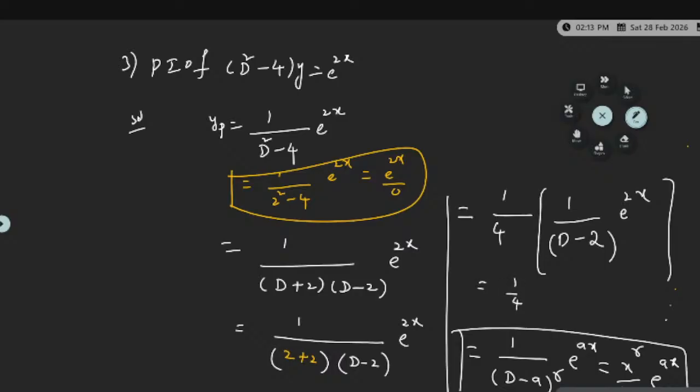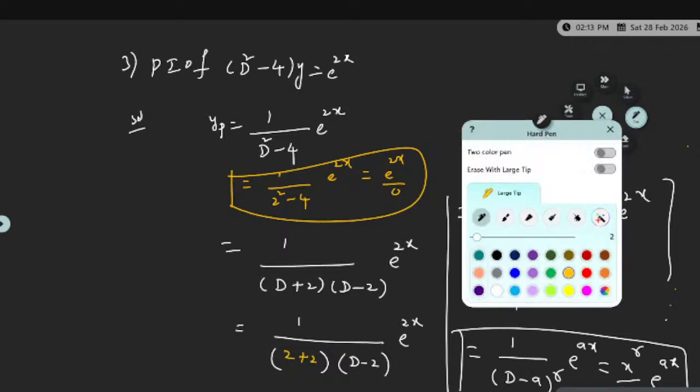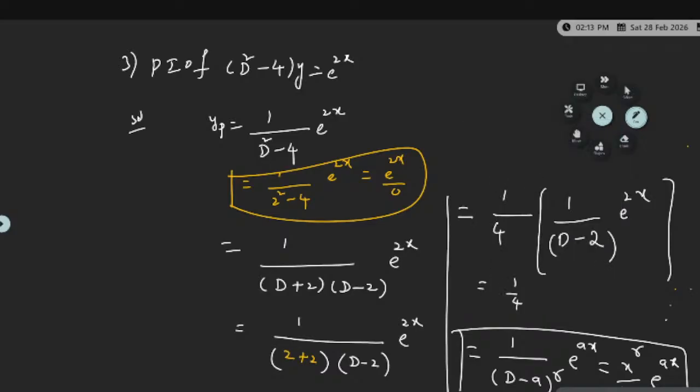Here I will tell you a simple shortcut. Look. What is the variable in e power 2x? X. What is the power of this term? 1.